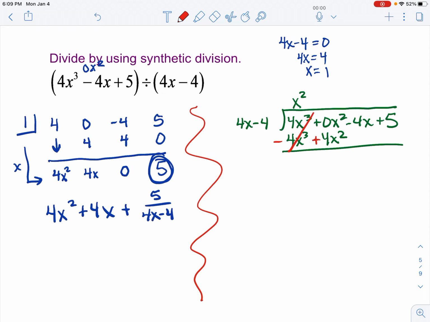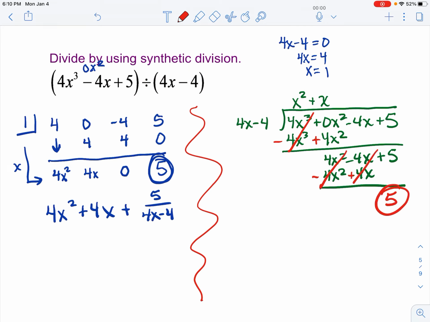Those must go away. And so I have 4x squared minus 4x plus 5. What times 4x is 4x squared? That's a positive x. Distribute. Change your signs. Those cancel, and it leaves me with a 5 as my remainder. So I need to write it as x squared plus x plus 5 over 4x minus 4.